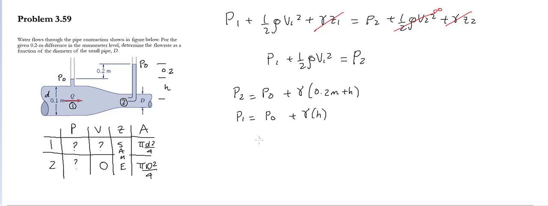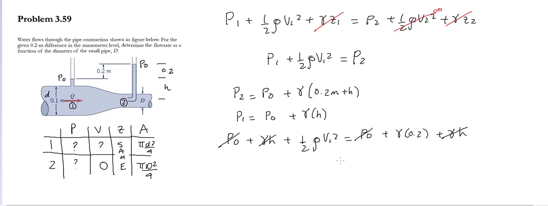So P1 is P0 plus gamma H plus 1/2 rho V1 squared, and P2 is P0 plus gamma times 0.2 plus gamma H. As always, the terms that are not included in the head have to cancel out, and P0 also cancels out.